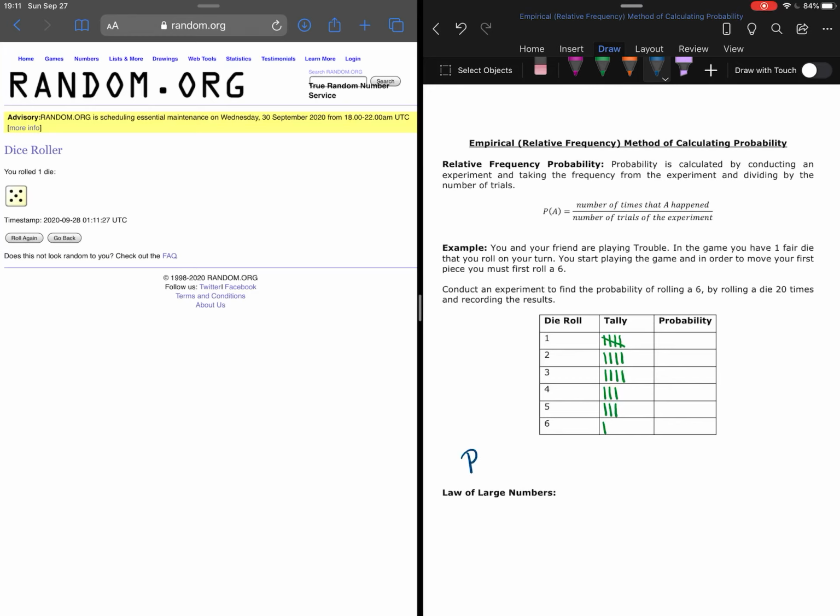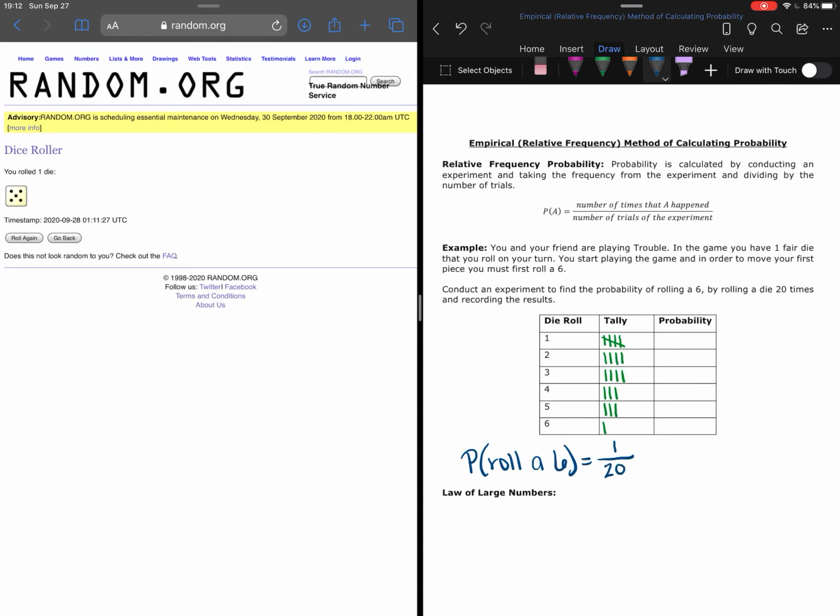So for me, the probability that I roll a 6 is going to be how many times did I roll a 6? I saw 1 6 out of how many total times did I conduct this experiment? We ran this experiment 20 times.